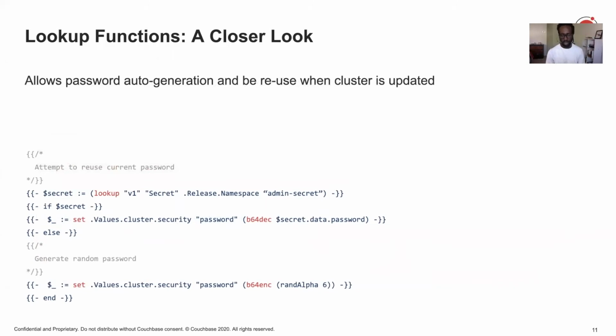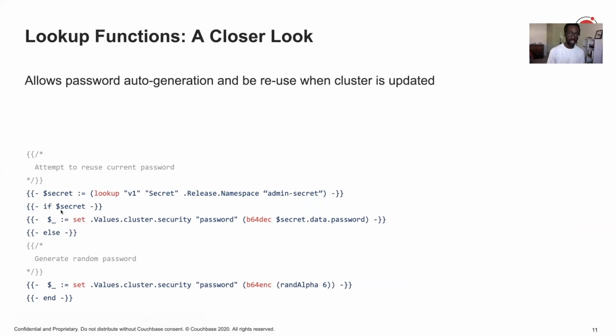And along with reusability, one of the benefits of reusability is it allows us to do password auto generation as well. So this is just a look a little bit deeper into how the code works inside of the template of the Helm chart. This pseudocode, or this code here, is basically saying, try to look up the secret that's being used as the admin secret.